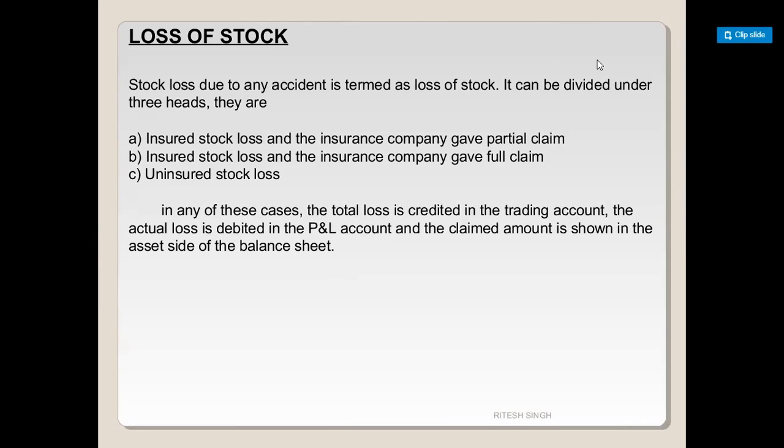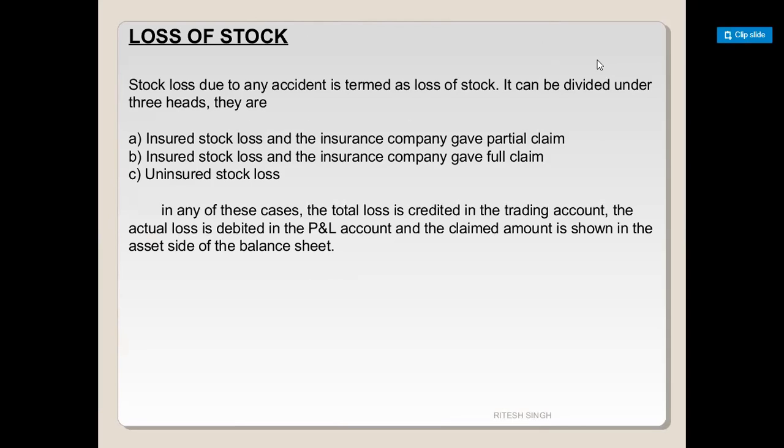Loss of stock. This is a very rare case that happens in a regular business course. Stock loss due to any accident is termed as loss of stock. It can be due to fire, due to any natural calamity, or due to theft.